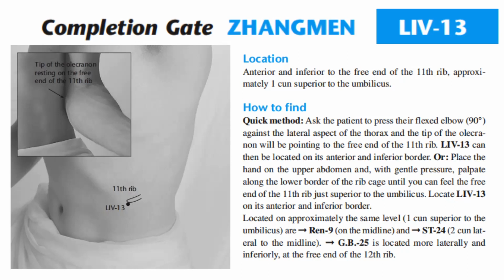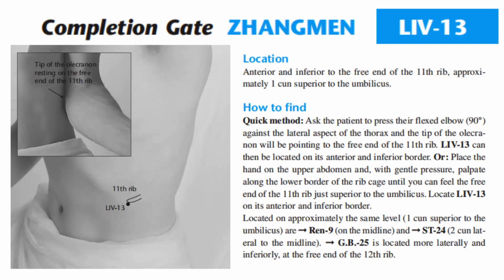Or place the hand on the upper abdomen and with gentle pressure palpate along the lower border of the rib cage until you feel the free end of the 11th rib, just superior to the umbilicus, to locate liver 13 on its anterior and inferior border.